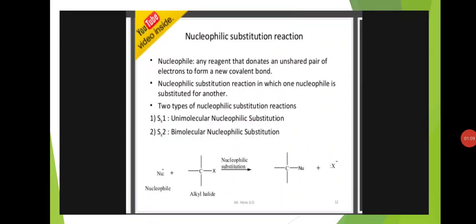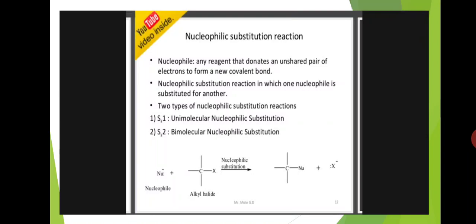First is the nucleophilic substitution reaction. What are the nucleophile and the nucleophilic substitution reactions? We will discuss here. First is nucleophile. Nucleophile means any reagent that has the capacity to donate an unshared pair of electrons to form a new covalent bond.